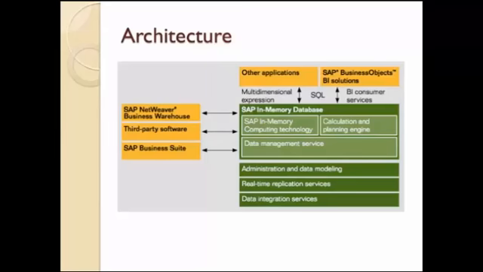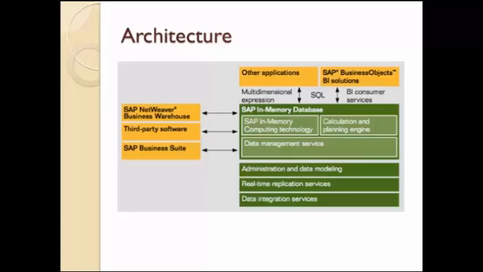We want to get data into SAP HANA so that we can take advantage of the in-memory computing speed to get results right away. Results much quicker than in the past. And the results can then be passed on to, if you look at the top, SAP Business Objects BI Solutions.